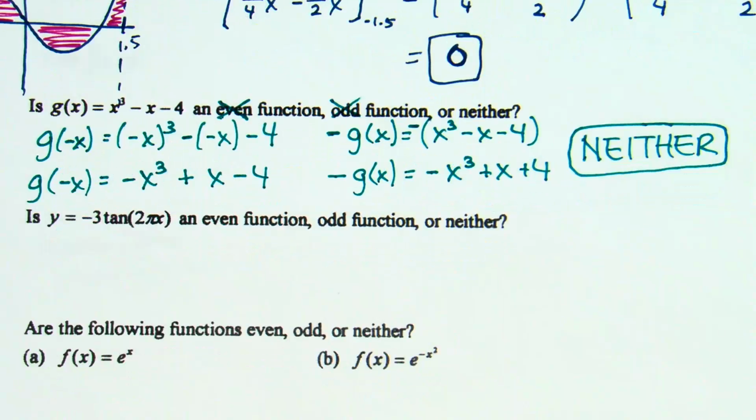Remember the third one that's symmetric across the x-axis? Nope. There is no mathematical term for it. Okay. Y equals negative 3 tangent of 2 pi x.